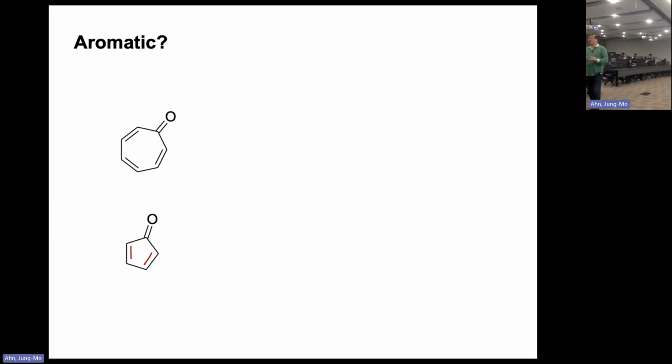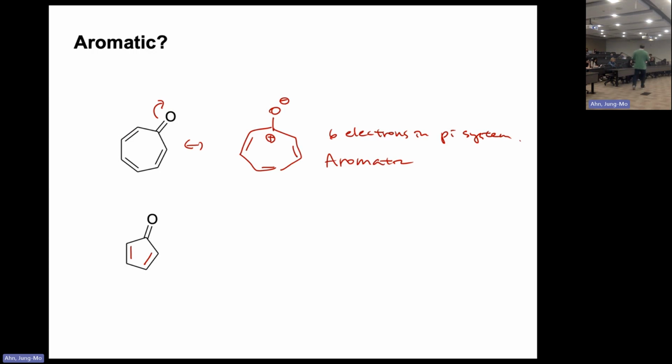Now we need to check the number of pi electrons. Having 3 double bonds, it already has 6 electrons from there. So this carbon should not contribute any electrons at all to become aromatic. But the good thing is, oxygen can happily take the electrons from the carbon.